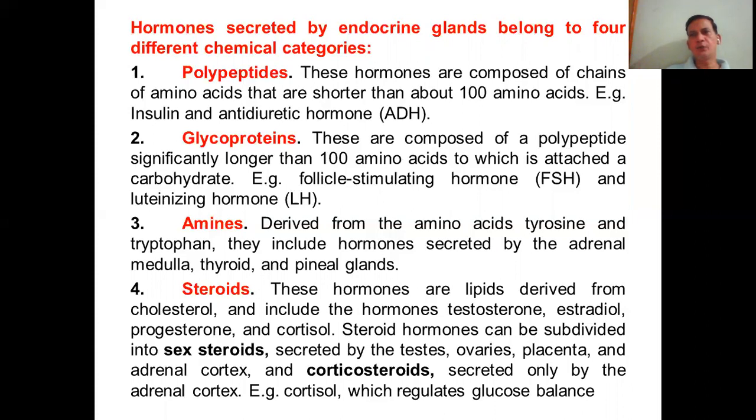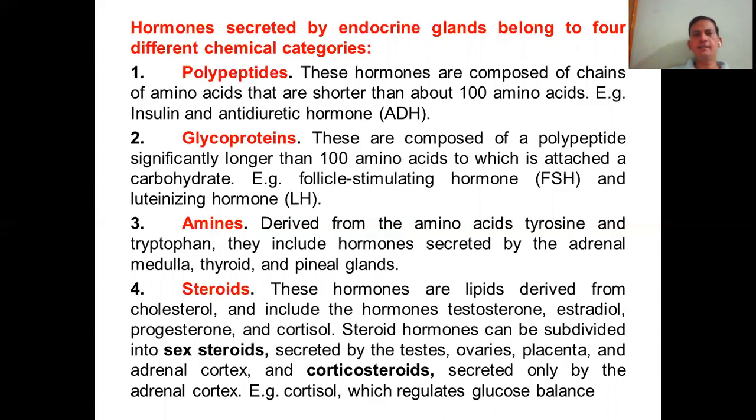For example, insulin and ACTH. Glycoproteins, these are polypeptides which are significantly longer than 100 amino acids, as well as it has a carbohydrate moiety. For example, follicle stimulating hormone and the luteinizing hormone.